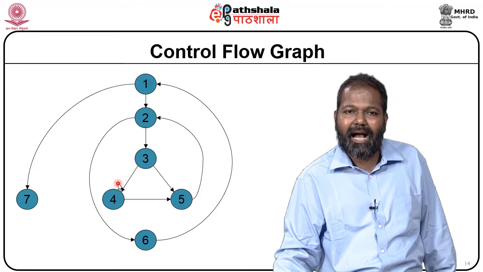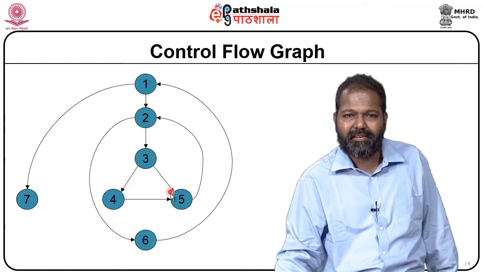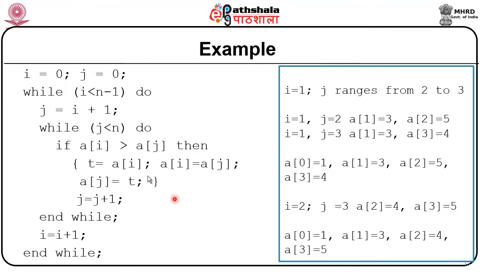The leftmost arc denotes the condition yes, and the right denotes the condition no. If the condition is true, you swap, then increment the value of j by 1. If it is not true, you directly increment j by 1.